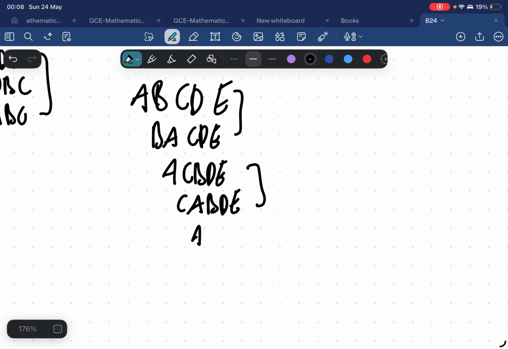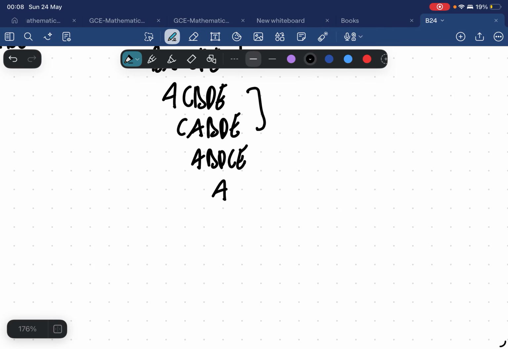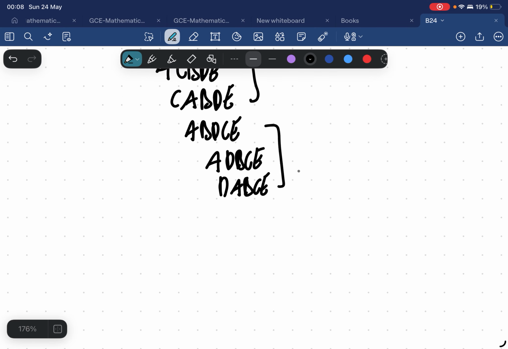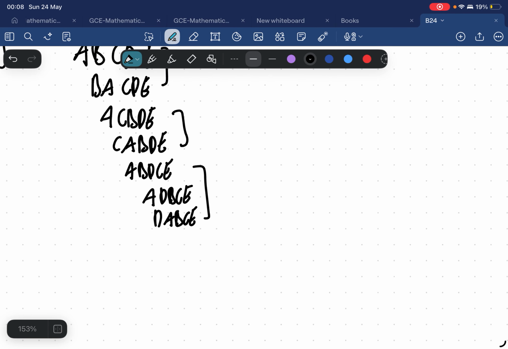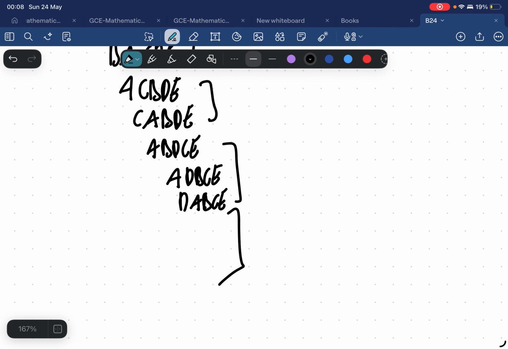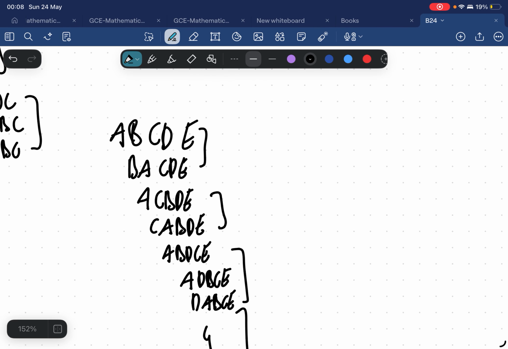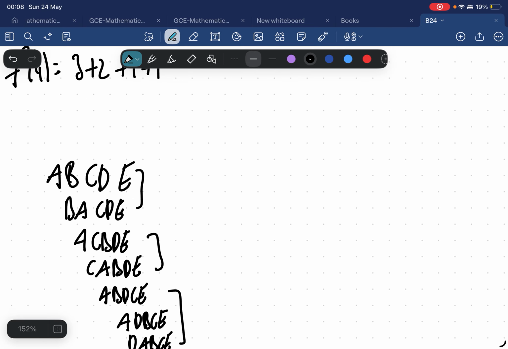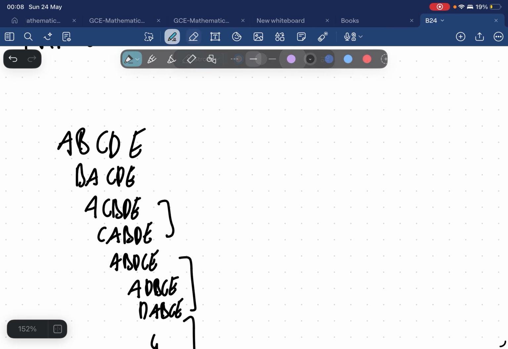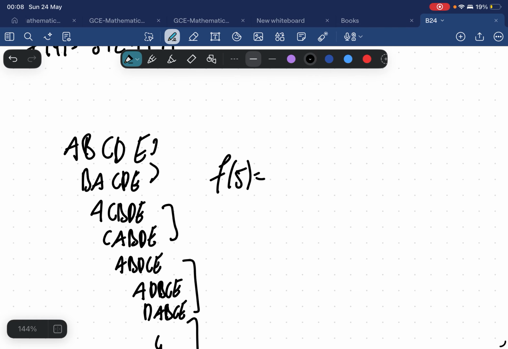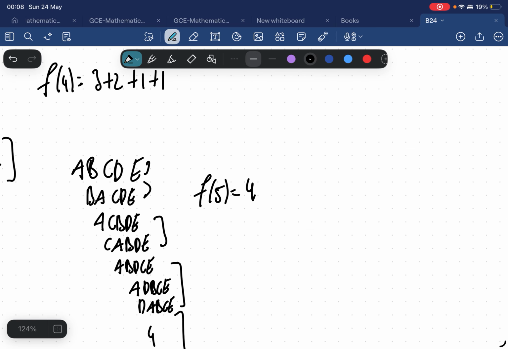Oh, A, B, D, C, E. A, D, B, C, E. D, A, B, C, E. And then I'm gonna say that there's gonna be 4 combinations here. There's definitely a general rule that's being followed here. So f(5) is equal to 4 plus 3 plus 2 plus 1 plus 1.